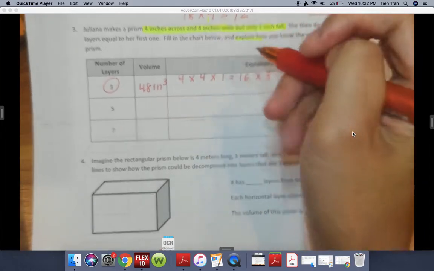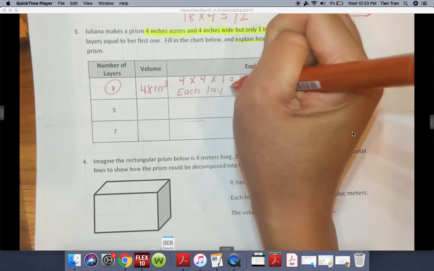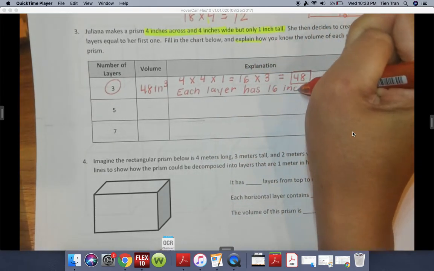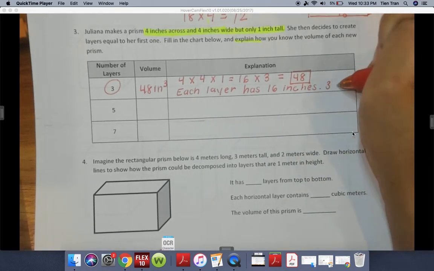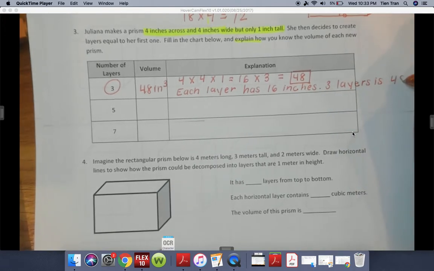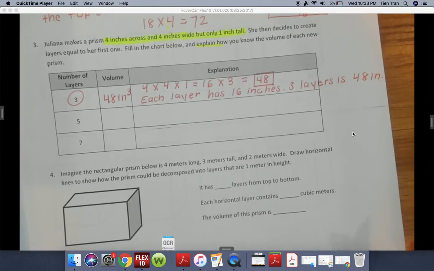So each layer has 16 inches. 3 layers is 48 inches. I can't fit the cubed symbol, so I'm going to put a little dot.